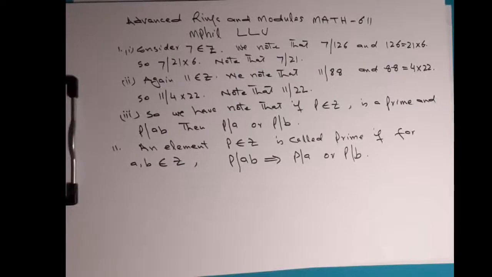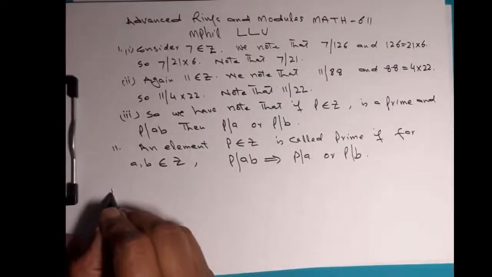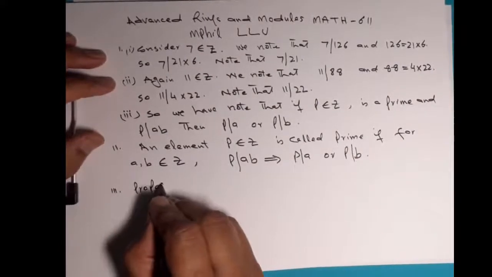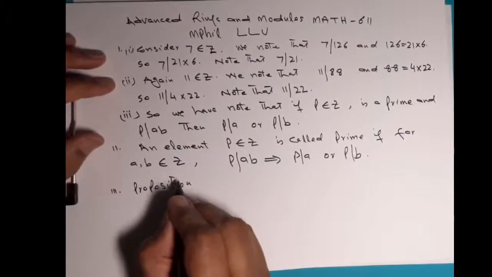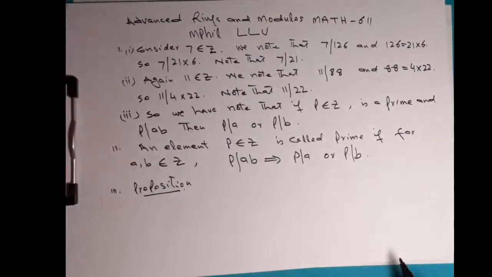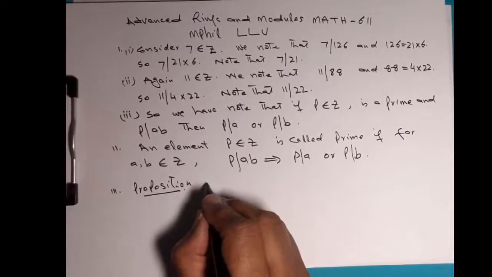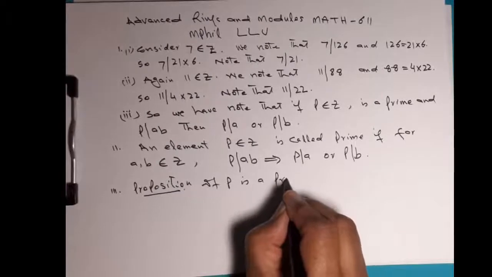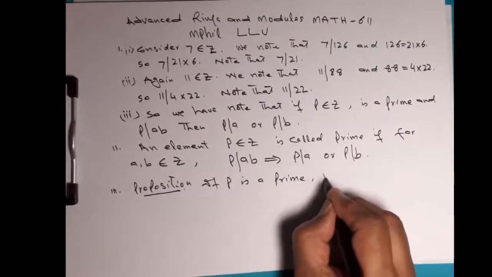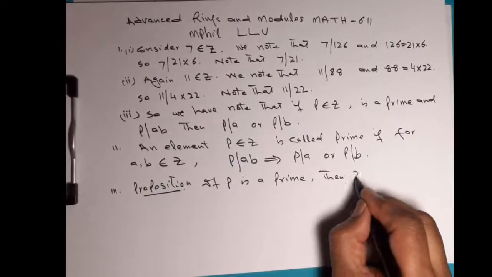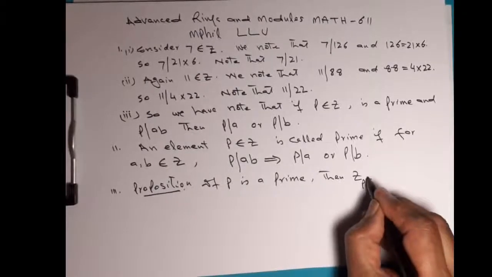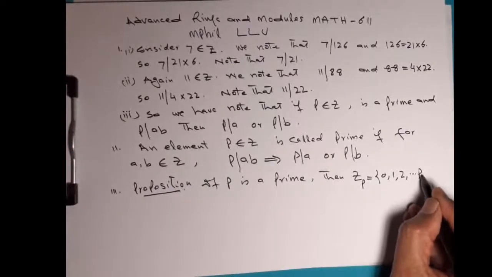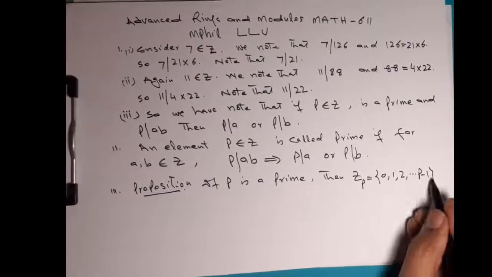So let's come to the proposition we are going to prove, and the proposition says that if P is a prime, then Z_P, integers modulo P, that is 0, 1, 2, and so on up to P minus 1, contains P elements.